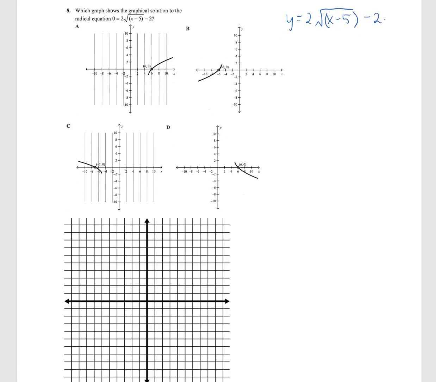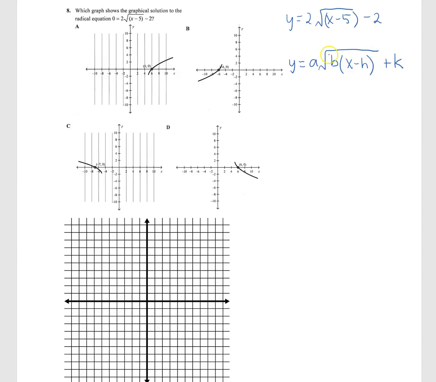And if we look at this function, it's in the form of y equals a times the square root of b times x minus h plus k.